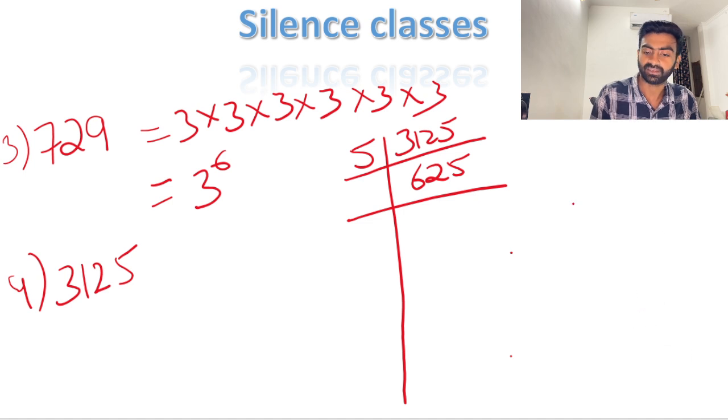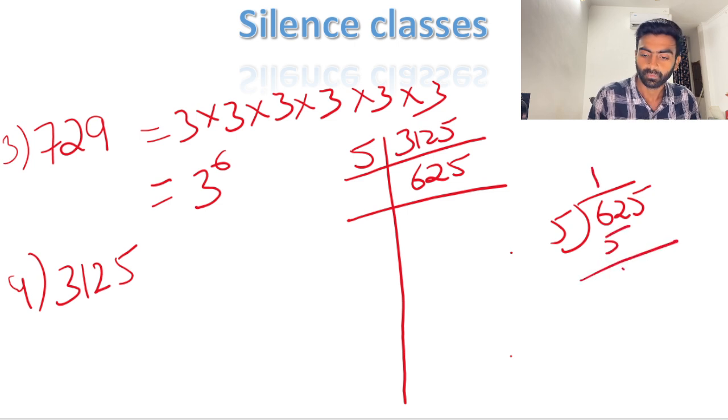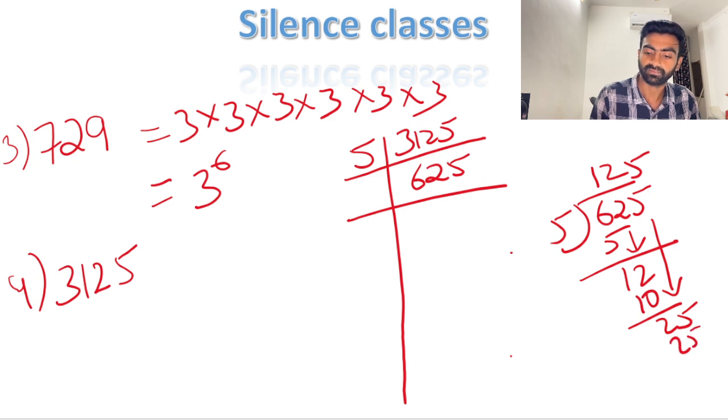Now 625. 5 is there, it means it is divisible by 5. 5 ones are 5. 5 twos are 10. 5 fives are 25. It means 125.